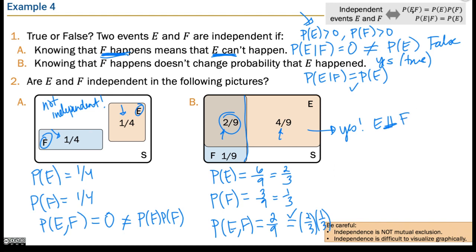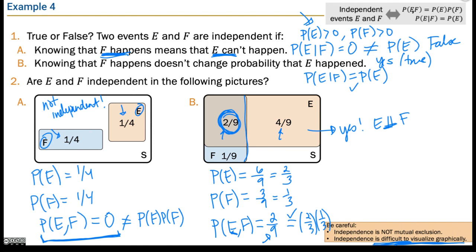So this is just to clarify and maybe emphasize that just because you have disjoint events, mutually exclusive events, does not mean they're independent. Okay, and just because you have some type of overlap in your picture, you have non-disjoint events like this, doesn't necessarily mean that they're dependent. You need to actually do the math in these situations, and independence can be very difficult to visualize graphically.